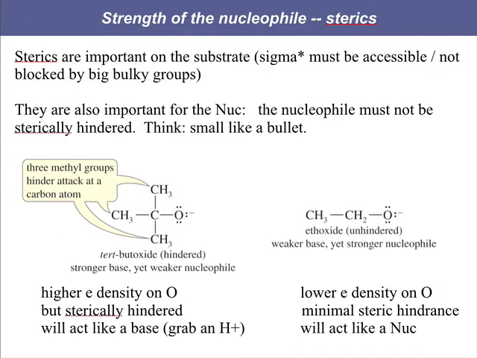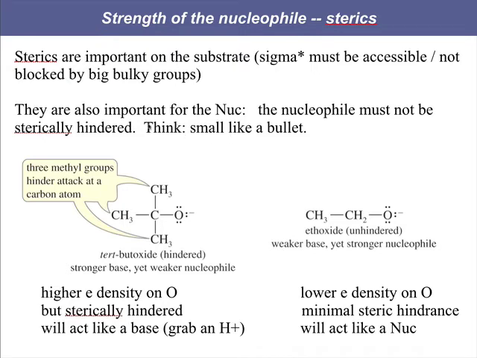I've already mentioned this, but I want to reiterate it. That strength of the nucleophile also has to do with sterics. Sterics are important on the substrate, we said, because the sigma star must be accessible and not blocked off by big bulky groups. But they are also important for the nucleophile. The nucleophile must not be sterically hindered.